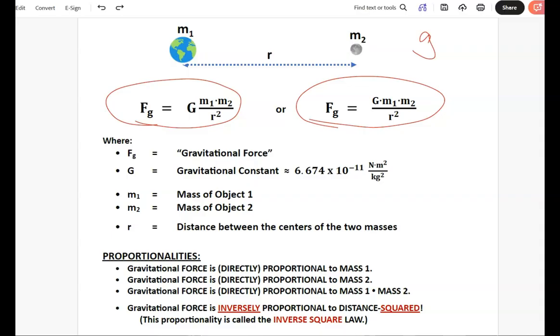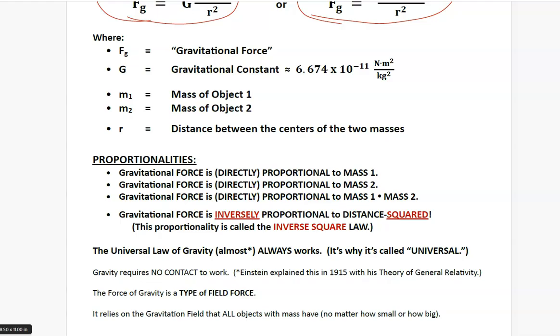Each of these forces are strongly affected by distance. They are inversely proportional to the distance squared. So one example of this inverse square law would be, what happens if you have a gravitational force between two objects and you tripled the distance between those objects?